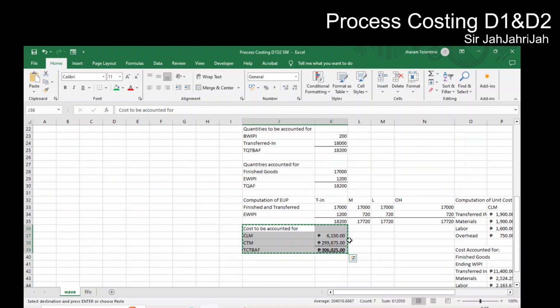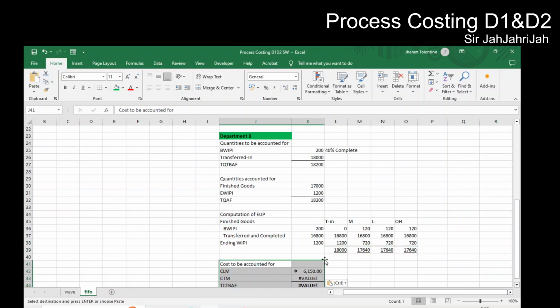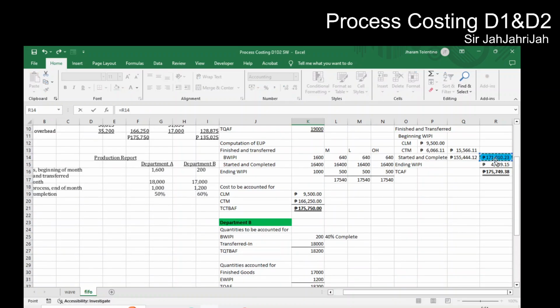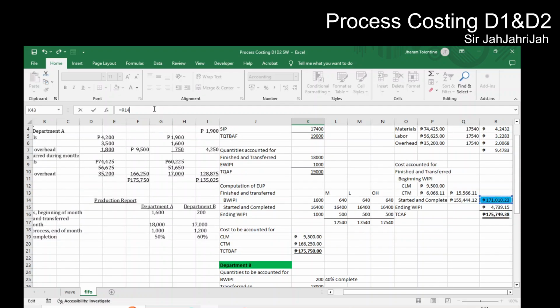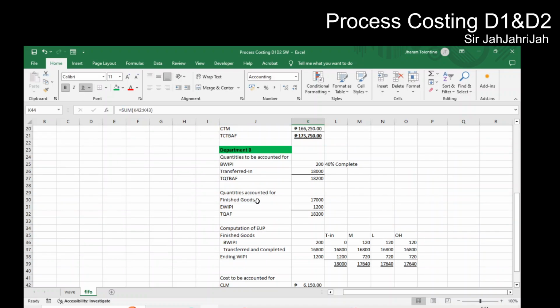Let's see, almost the same, except of course the finished and transferred. This one, cost this month is equal to 171.10 plus the total cost of Department B cost this month. Here, 128,875.